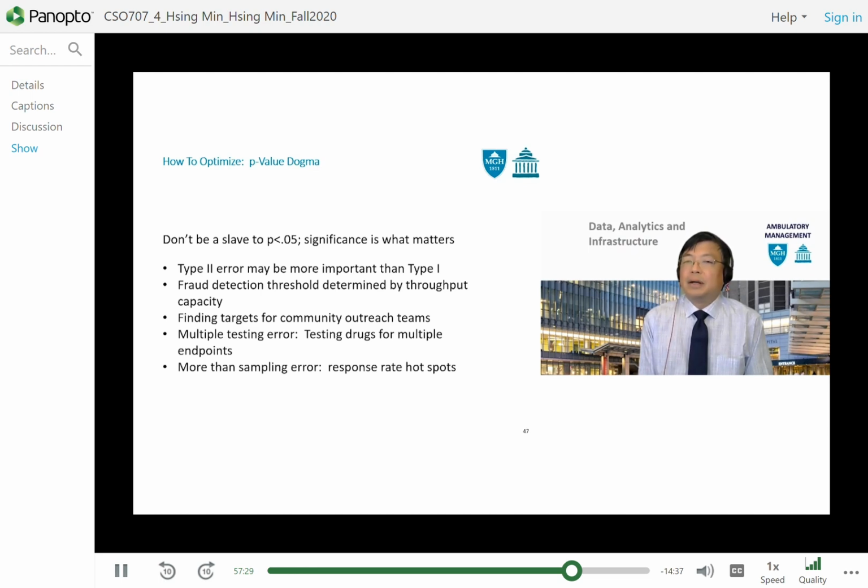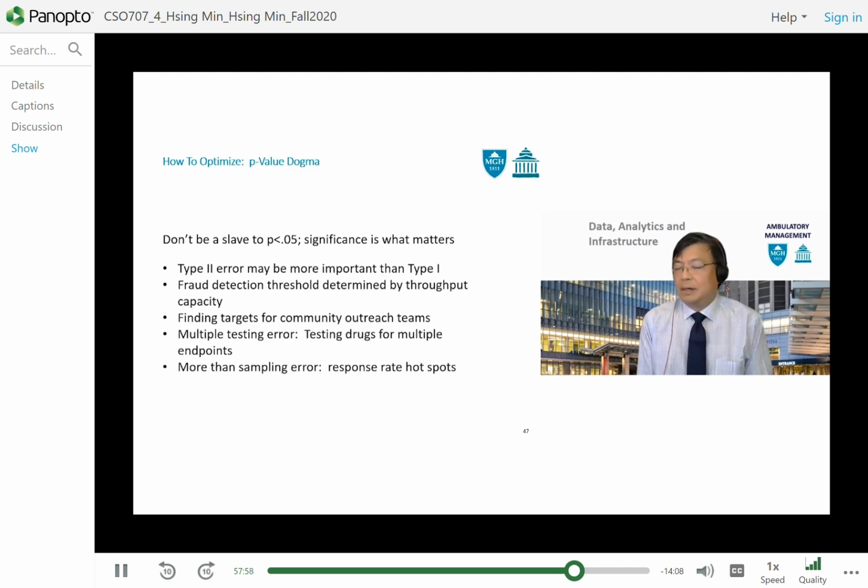Type 2 error matters in many applications, especially outside of the point of care. At the point of care, do no harm. You don't want to do something that you don't know is going to be the right thing to do. But in many other applications, if you don't do something, things are going to go bad.